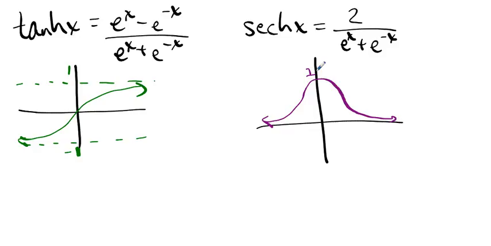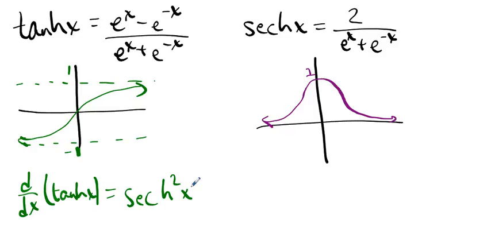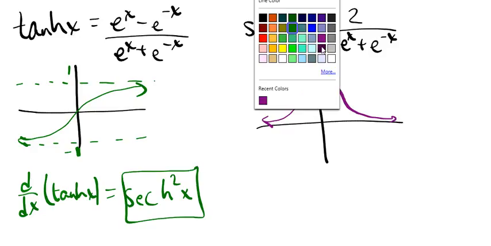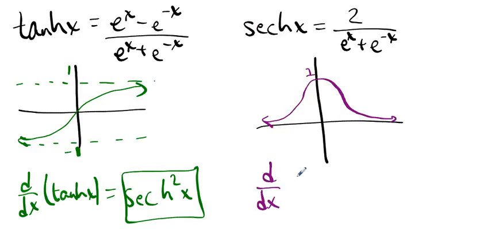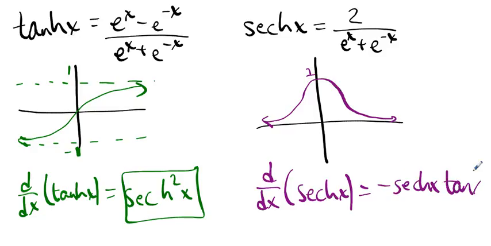So what's curious about this? Well, the derivative of the hyperbolic tangent function is the square of hyperbolic secant. And the derivative of hyperbolic secant is, as you would expect, well, you'd sort of expect it, I imagine. It's similar to our circular result, but it is not the circular result.